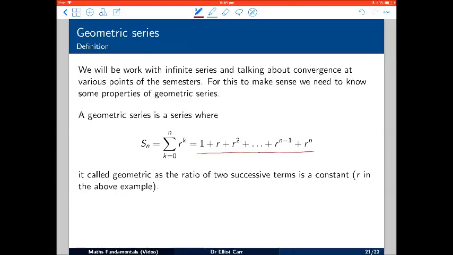The third term divided by the second term, r squared divided by r, is r. And then the fourth term will be r cubed. r cubed divided by r squared is also r. So a geometric series satisfies the property that the ratio of two successive terms is a constant throughout the summation.